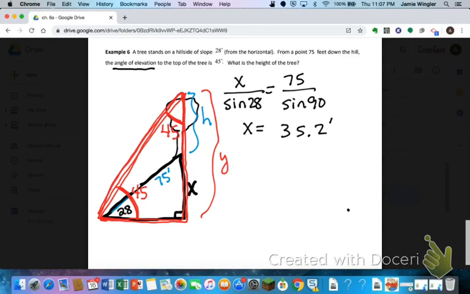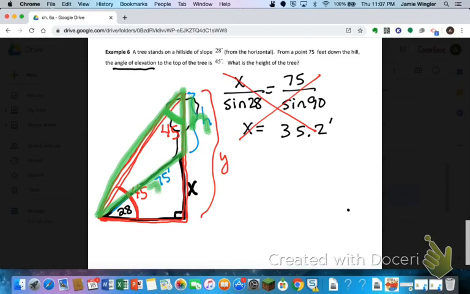And what I did in the beginning was not wrong, but I don't think that's going to help me in this particular problem. So I looked at it a little bit differently, so I'm going to go back up here and scratch that out. And I'm going to focus on this triangle that has side H that I'm looking for. I just showed you that this angle is 45 degrees.